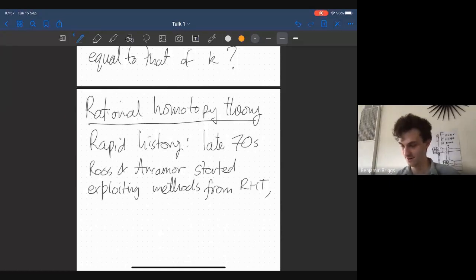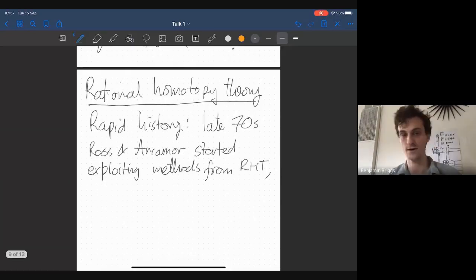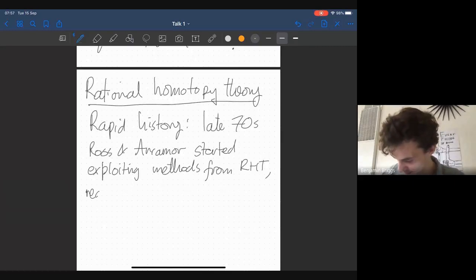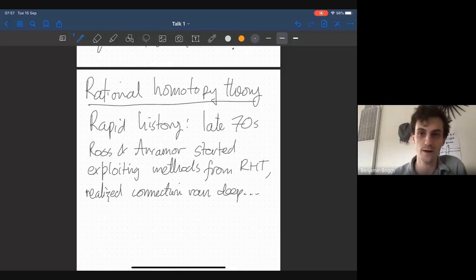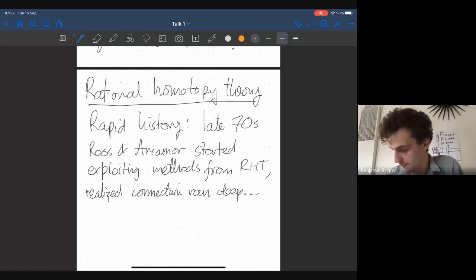Basically using DG algebras and the kind of things that they were using to prove things in local commutative algebra. And as time went on, they started to realize that there was more than just a superficial connection. Let's be mysterious, it kind of ran deep. There are real interesting structural similarities between what happens in local commutative algebra and what happens in rational homotopy theory.